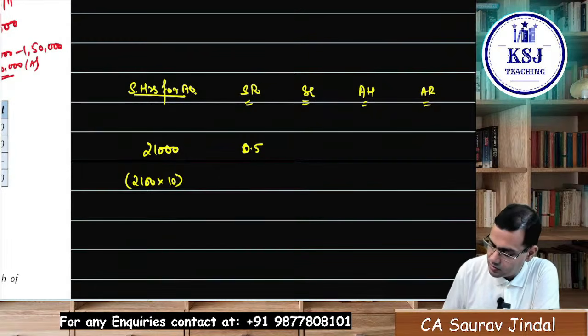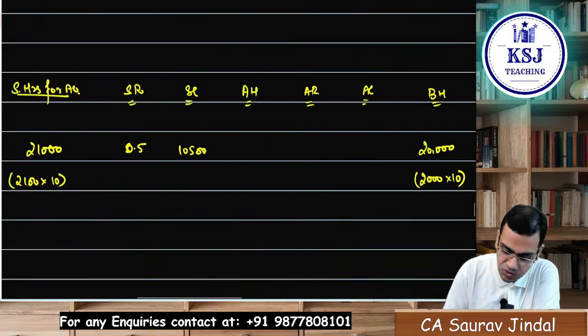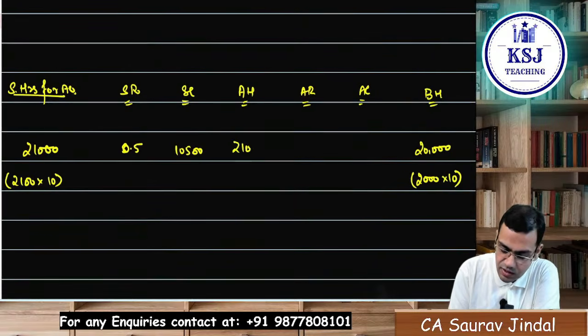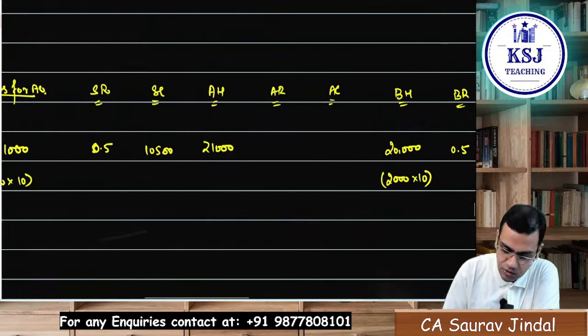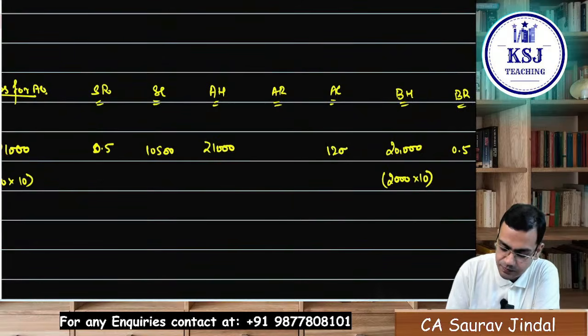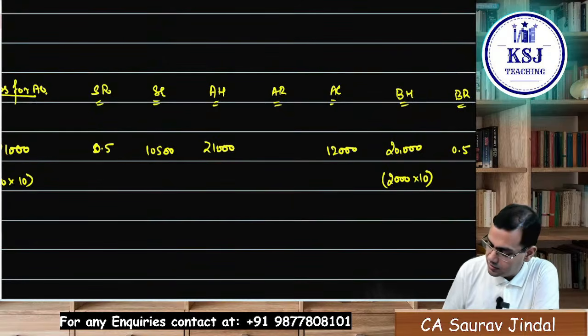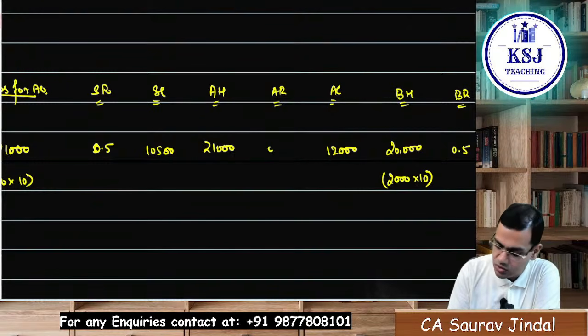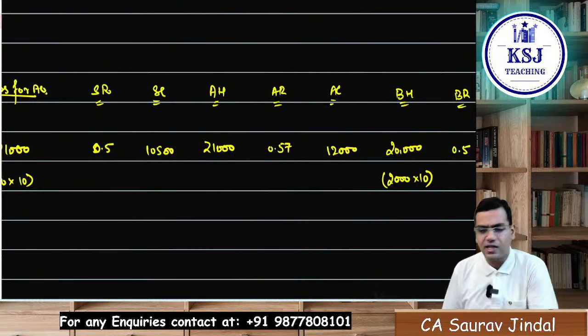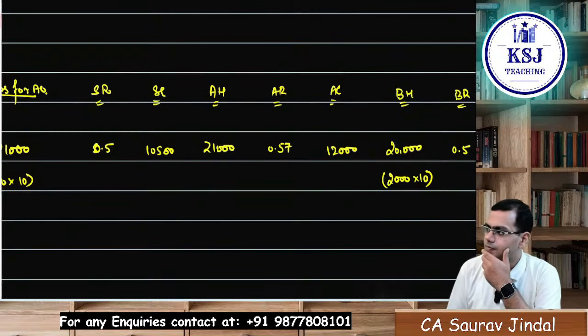That is 10,500. What are the actual hours? That is 21,000, it is given to you, and the actual cost is also given, that is 12,000, divided by 21,000, that comes to 0.57. Otherwise actual rate is not required.